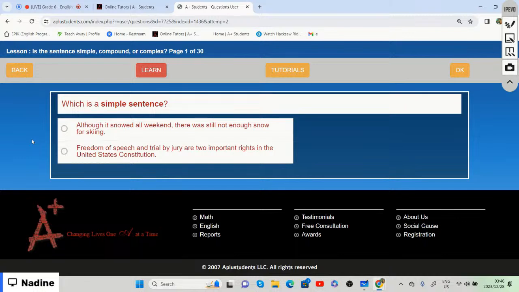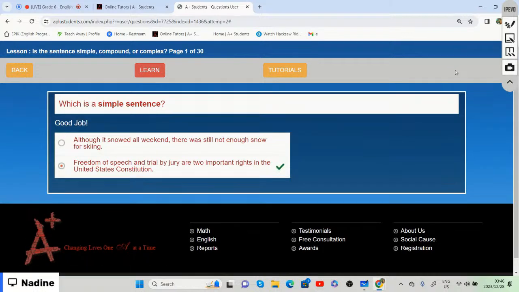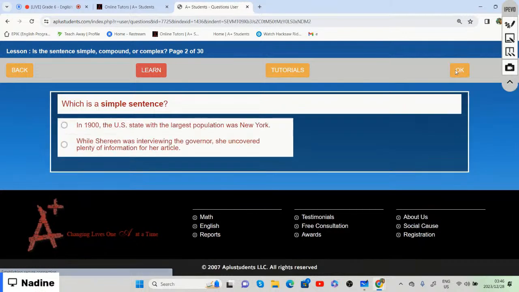All right, and if we select our simple sentence, we can select freedom of speech and trial by jury are two important rights in the United States. That only has a single independent clause.